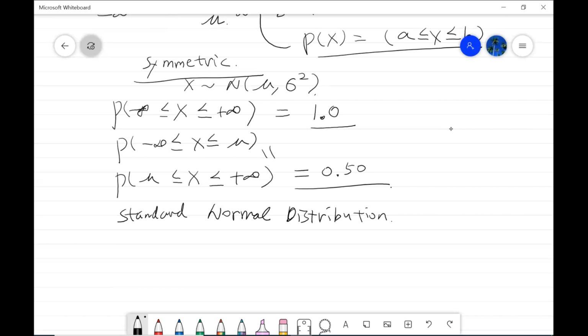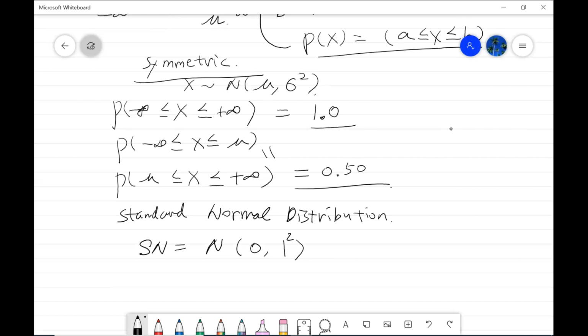In fact, the standard normal distribution is simply a normal distribution with 0 mean and 1 variance, or you can say 1 squared, the same thing. That's the only difference.